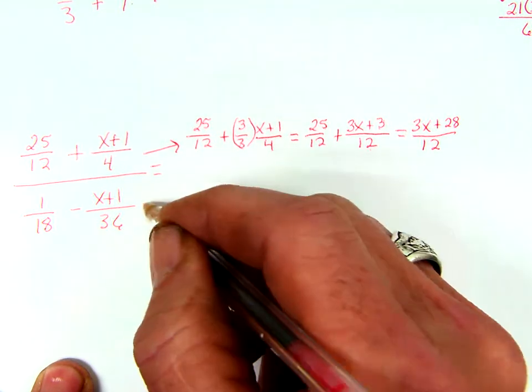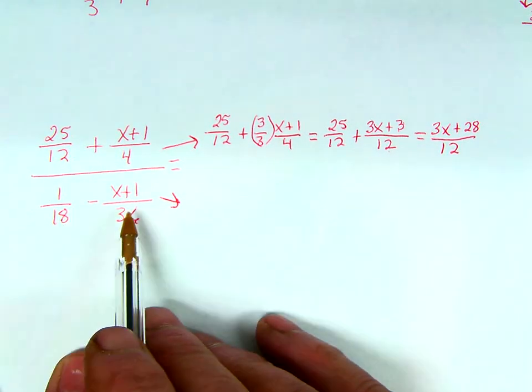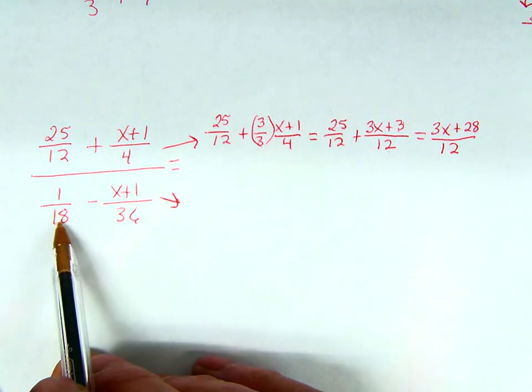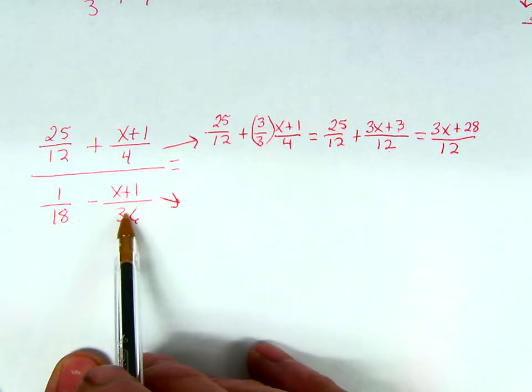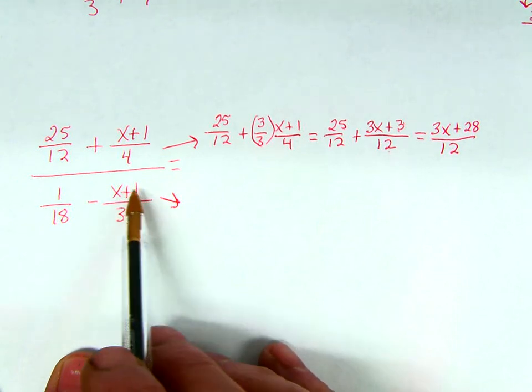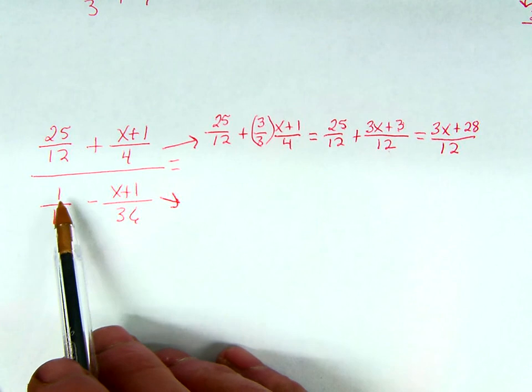Now the bottom. Well, looky here. 18, 36. I know that I can multiply 18 by 2 and it equals 36. So I'm not going to change anything about this fraction. I'm just going to multiply this one on top and the bottom by 2.